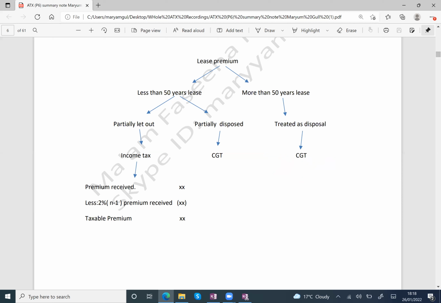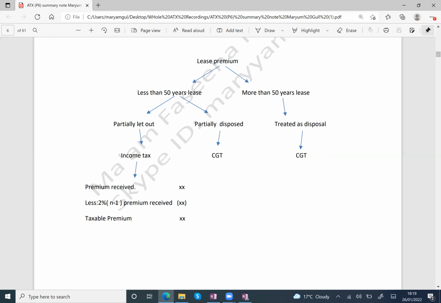If the property on lease is for more than 50 years, for example 100 years or 80 years, it's a long time period. After 100 years, you don't know what will happen. So in the eyes of the tax department, it is considered a sale.